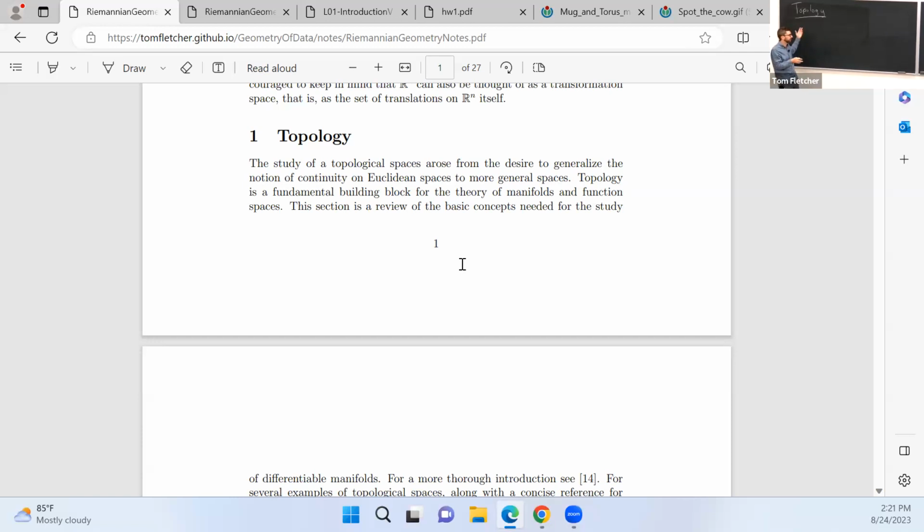We want to be able to talk about topological spaces that are more general than just the real line. And to do that, we need to generalize what we mean by open interval. So that's another way to motivate why we're doing topology.